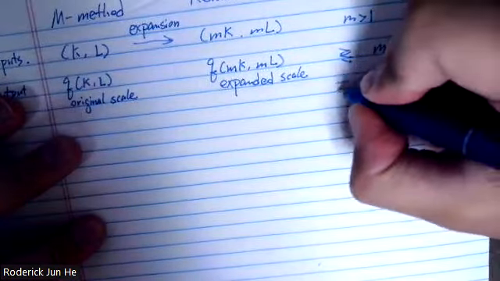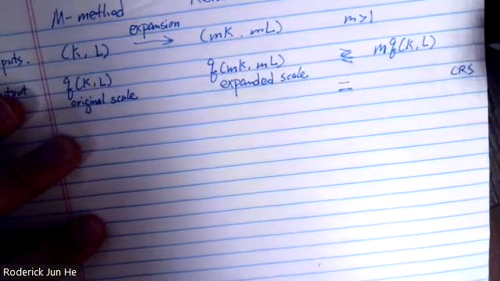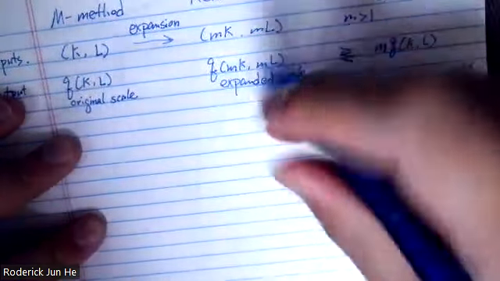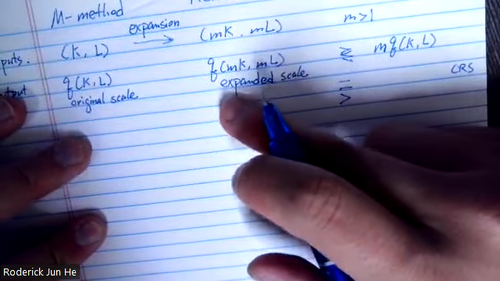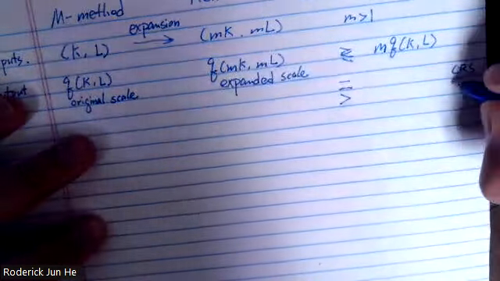If the answer is equal, it's constant return to scale. If the left-hand side is greater, the one big firm utilizing the same resource can produce more output. That is increasing return to scale, because here the scale has this effect in enhancing the output.